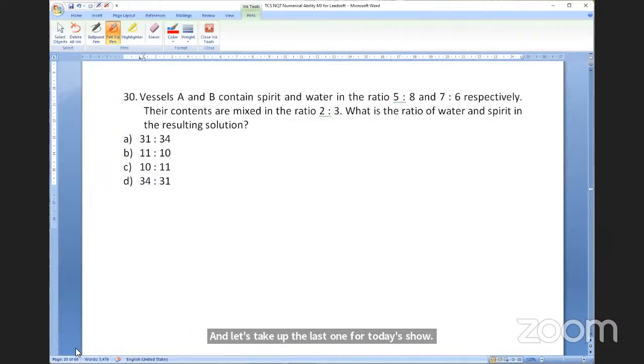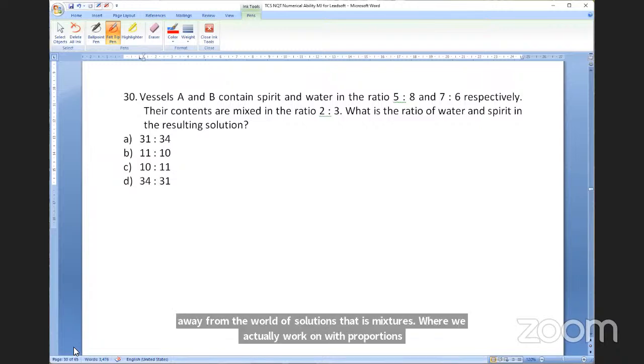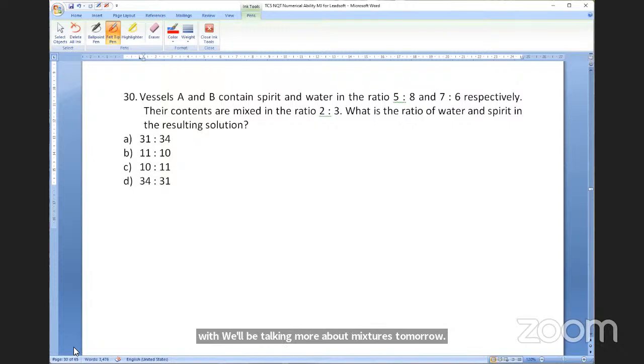Straight away from the world of solutions, that is mixtures, where we actually work on with proportions. We'll be talking more about mixtures tomorrow when we'll start up a session. We'll give you the basic gist of solution, how different questions are asked and how allegation processes can be used.